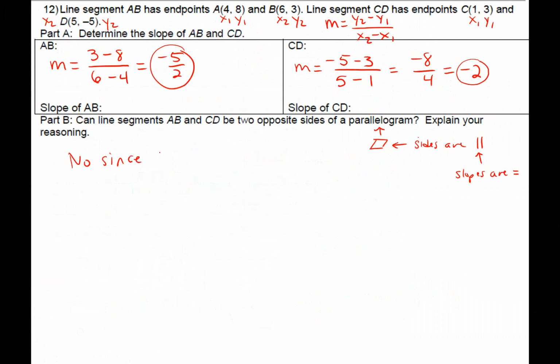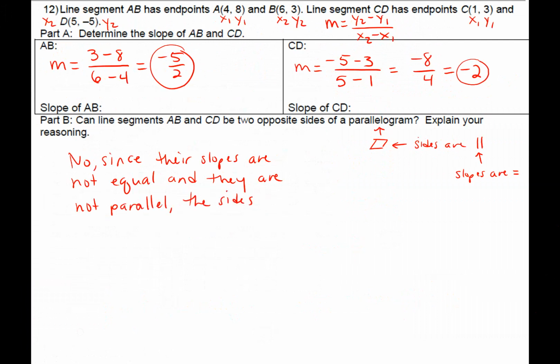since their slopes are not equal. So I have no, since their slopes are not equal and they are not parallel, the sides cannot be 2 opposite sides.